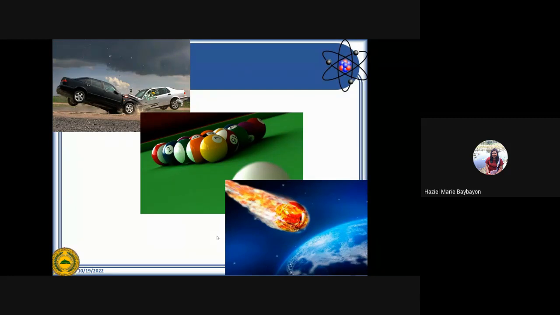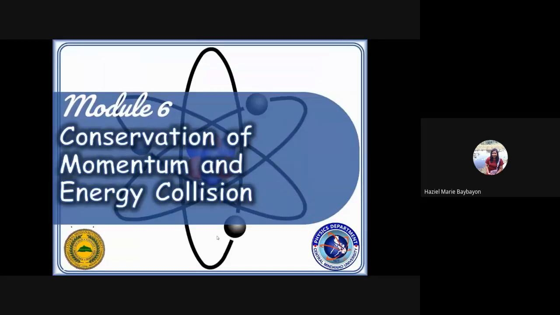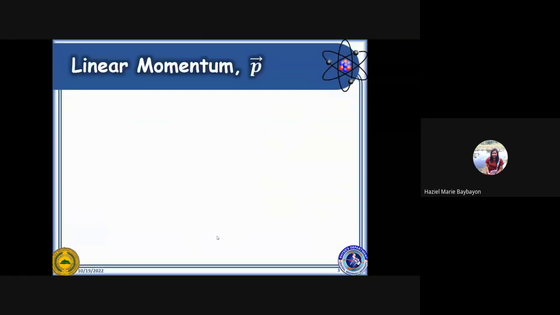So we will use momentum and impulse to describe this particular cases, mga collisions. Okay? The fifth chapter is conservation of momentum and energy in collisions.